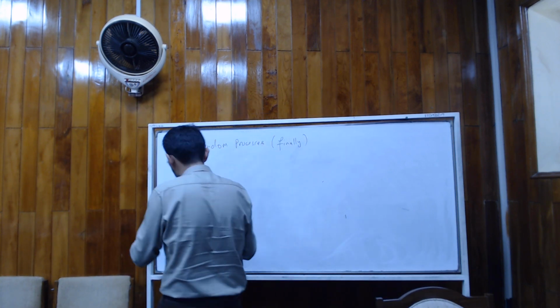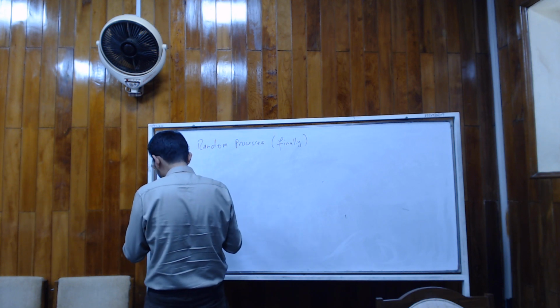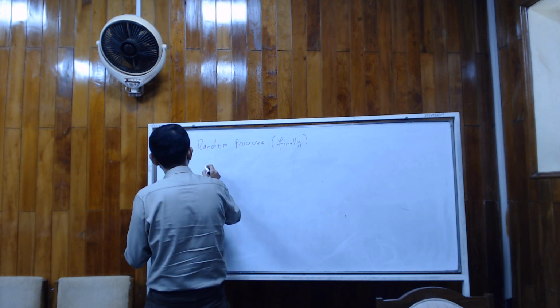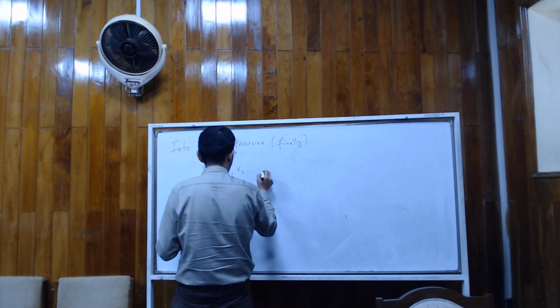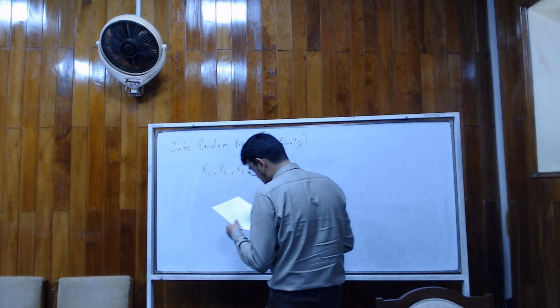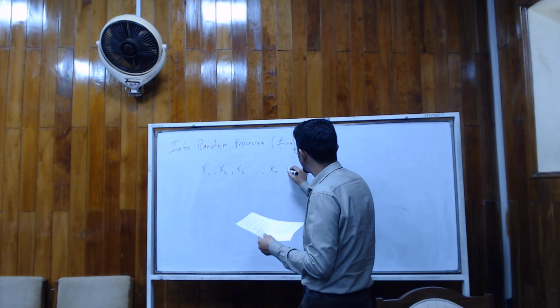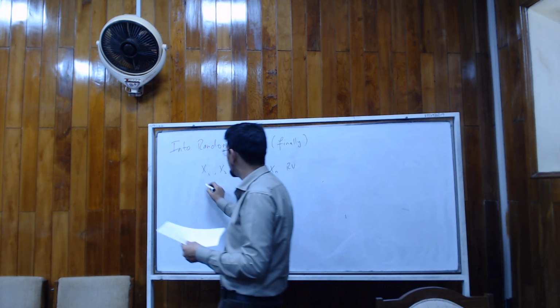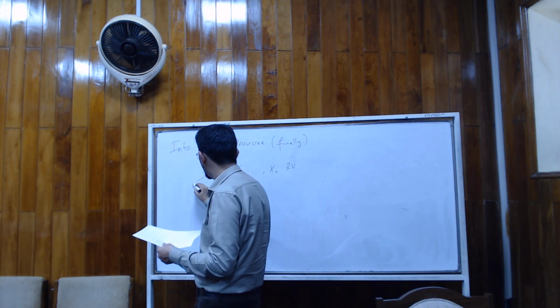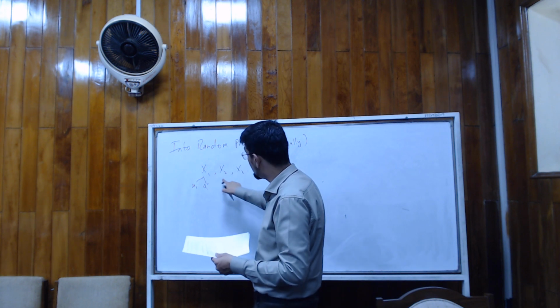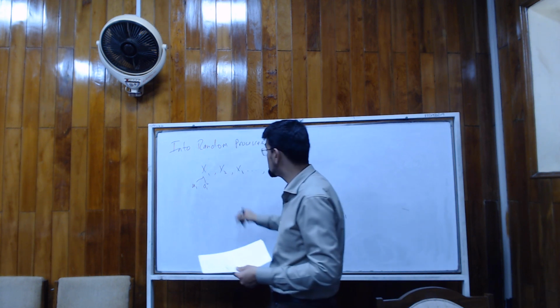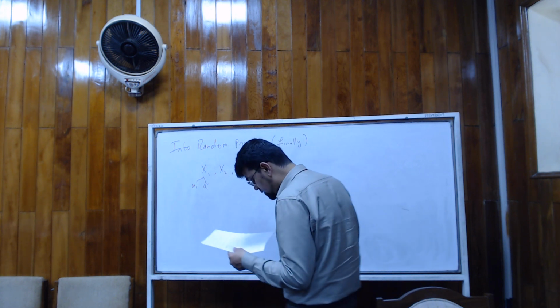Let's say there are x1, x2, x3, up to xn random variables, each with mean mu1, variance sigma 1 square, and so on. Mean mu2, variance sigma 2 square, and so on.